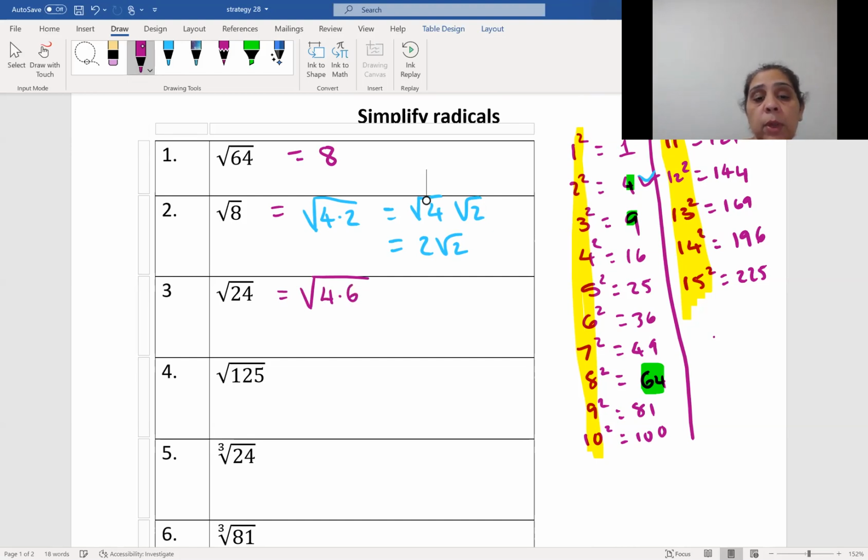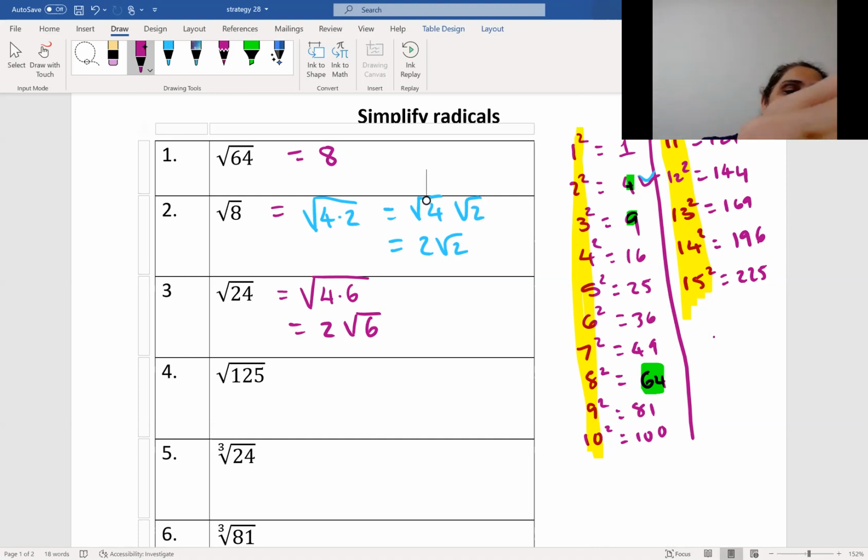If you can do it, you can write directly: the square root of 4 is 2, and the square root of 6 we cannot find. Also you will check again if there is any factor of 6 that is a perfect square. Factors of 6 are 2 times 3. 2 and 3 are not perfect squares, so that's it.